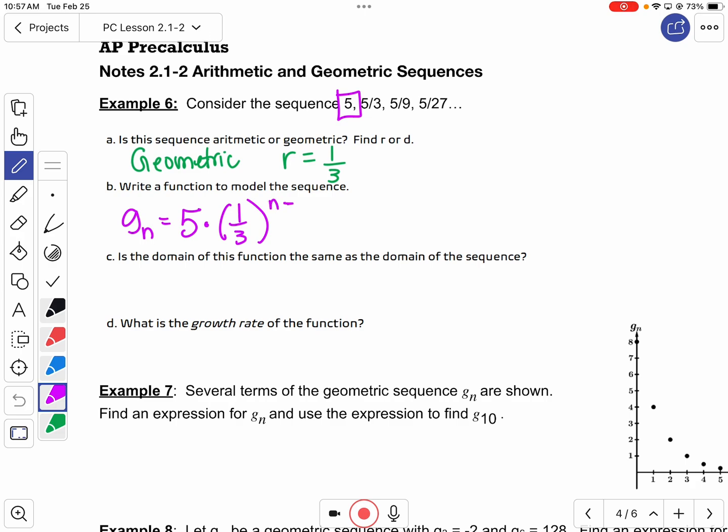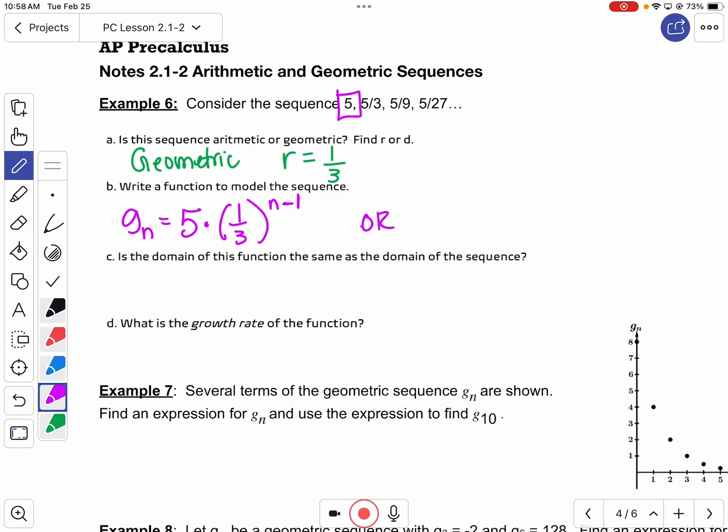What term did I use? First term, so n minus 1. That's perfectly acceptable. They gave you the first term. We put it down as our initial, as where we're starting. We keep our common ratio, and subtract the number of that term from your exponent.